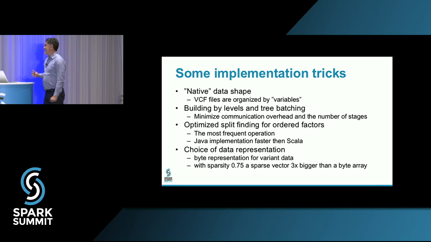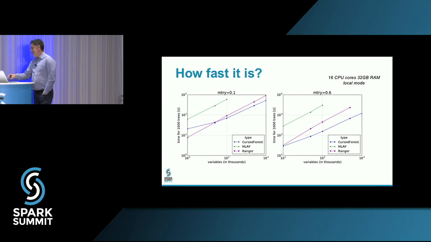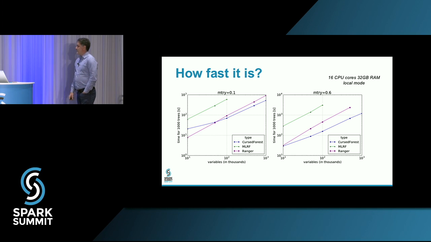So what did we get with this? How fast are we actually? To give you some idea, I have run a simple test on a local machine, one machine with 16 CPU cores. I'm comparing three things: SparkML random forest, Ranger, which is one of the fastest C++ optimized implementations of random forest, and Curse's Forest.